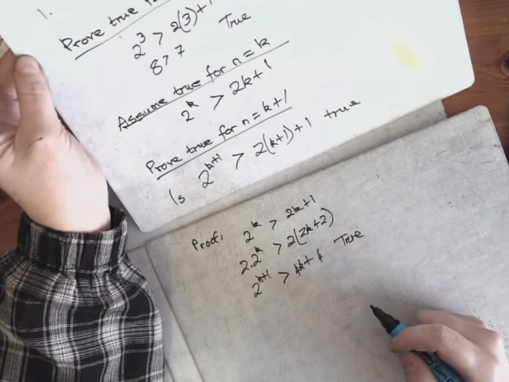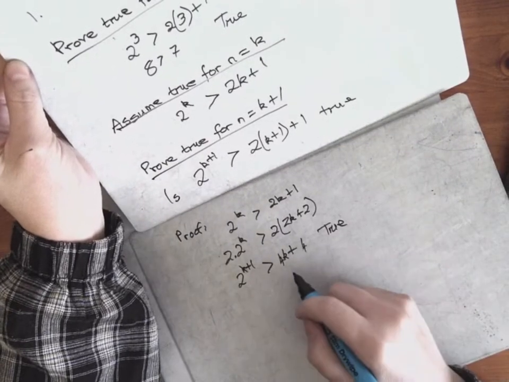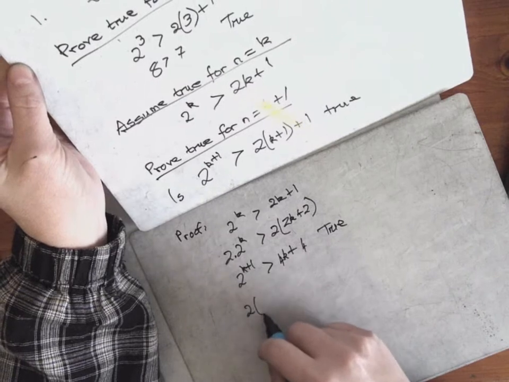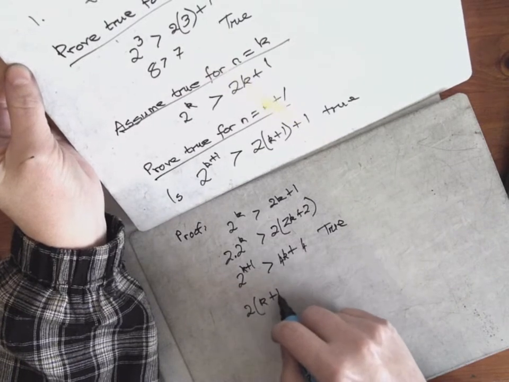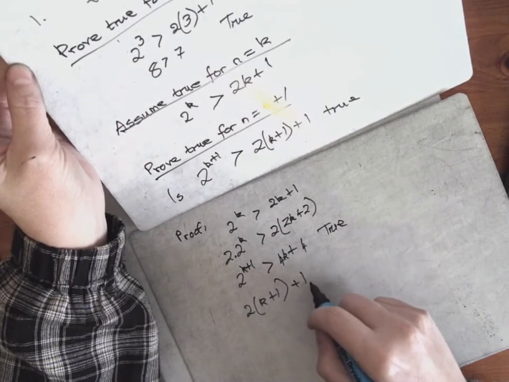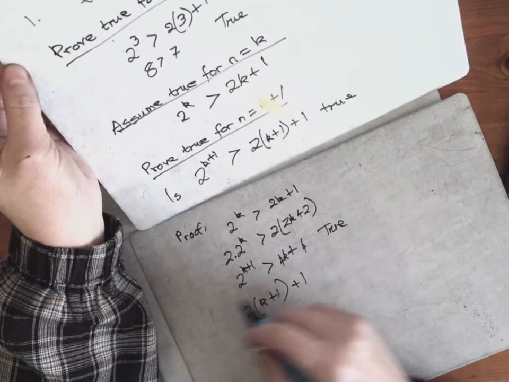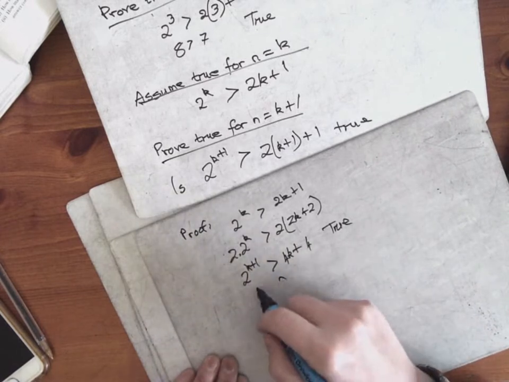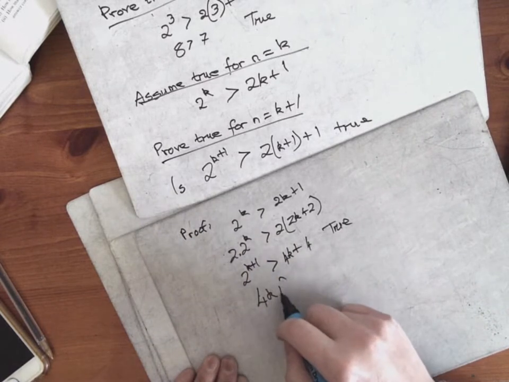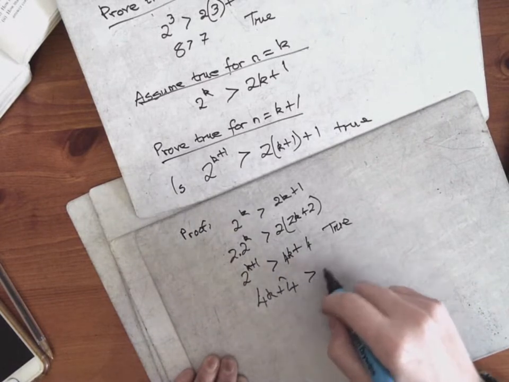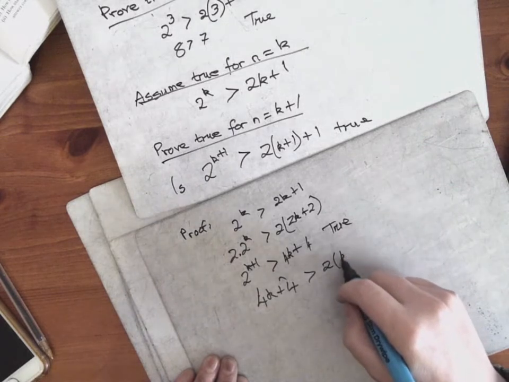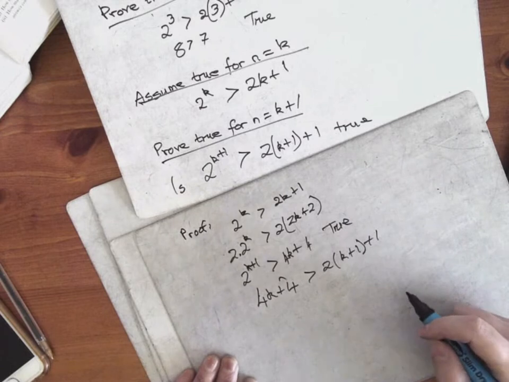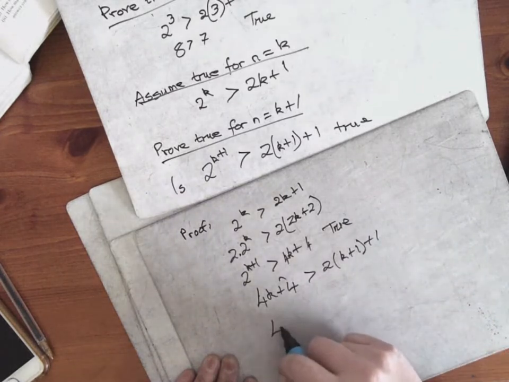Okay, so what I can do now is, if I can say that 4k plus 4 is greater than 2 times k plus 1 plus 1, then the whole lot is true.